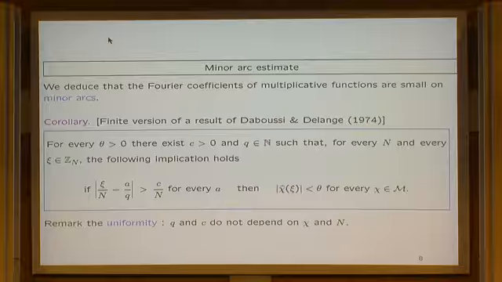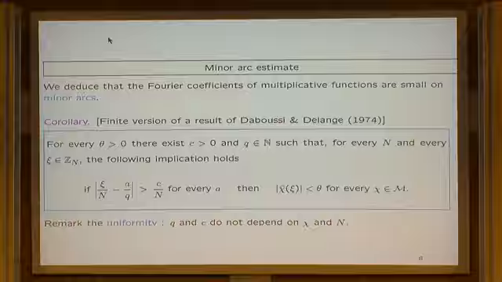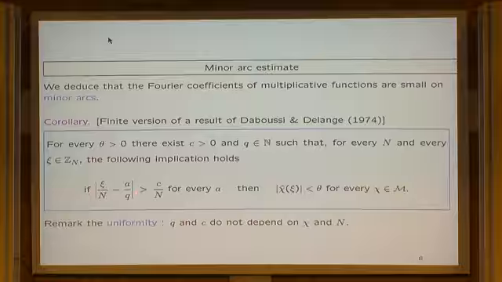Then again, reading it in the converse direction, the contrapositive: if a multiplicative function has some large Fourier coefficient at some point psi, then psi over n is close to a rational with a denominator q. So the bound does not depend on n, which is important, and q depends on nothing, only on theta.